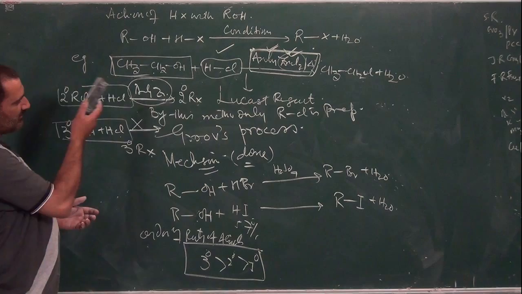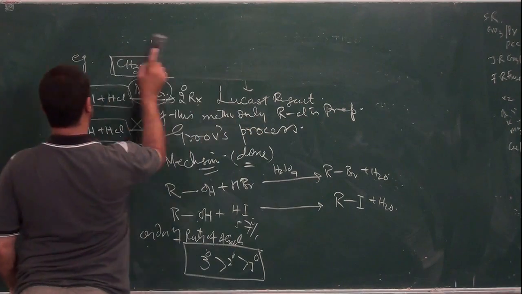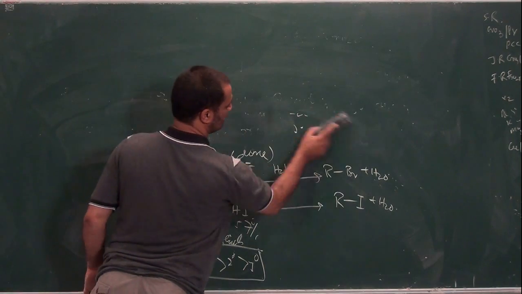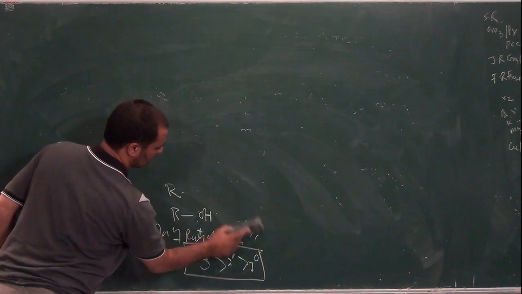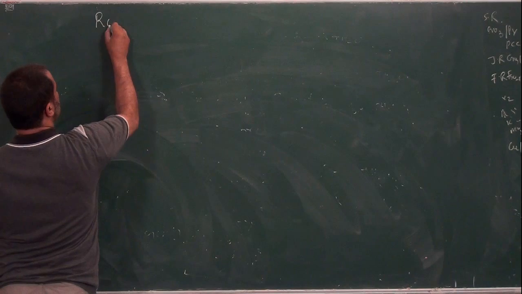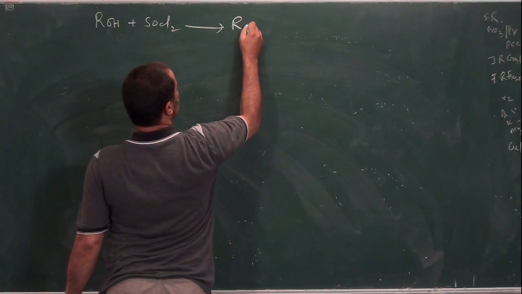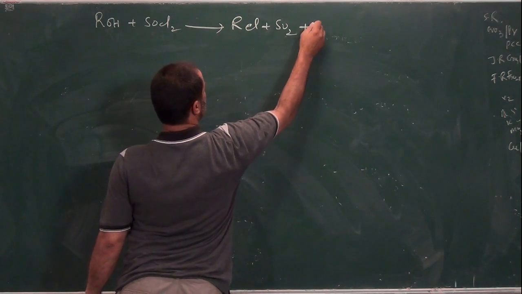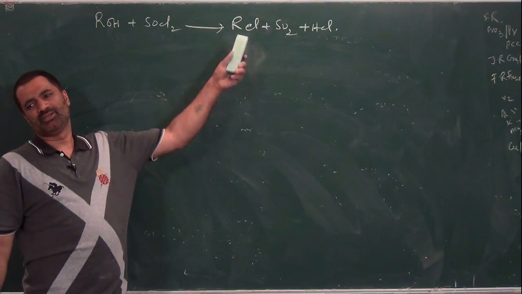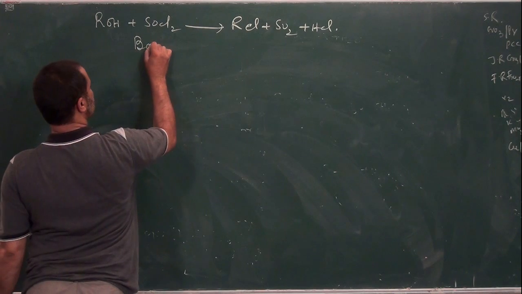A very important, wonderful method of preparation of alkyl halides is the action of alcohols with thionyl chloride. The mechanism of that reaction is also done. ROH plus SOCl2 gives RCl plus SO2 plus HCl. This is alkyl chloride. Again, by this method only alkyl chlorides are prepared. This is the best method for the preparation of alkyl chlorides.